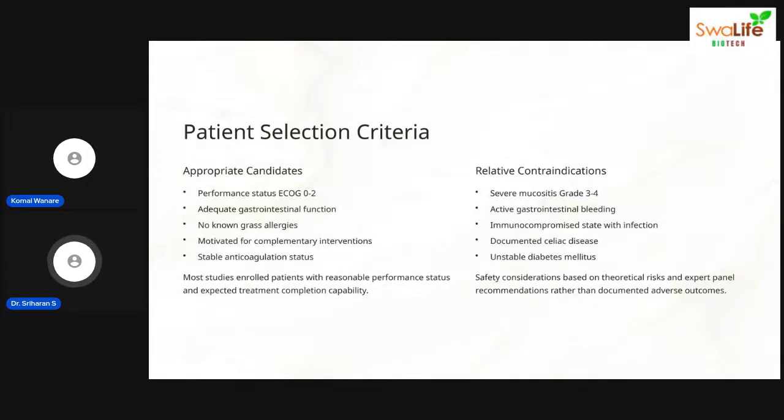Now, patient selection criteria. Before you go to the first slide itself, how do we evaluate the patient?